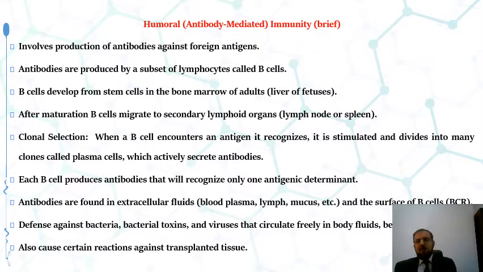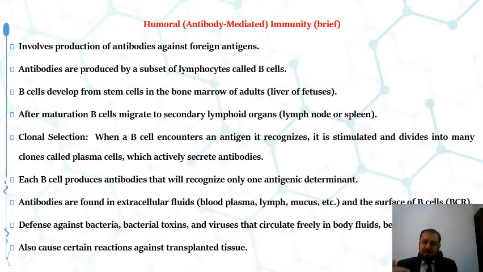Okay, once the B cell is activated, it goes through a process of differentiation. Of course, recognition of the antigen and the activation of the B lymphocyte is based on clonal selection.